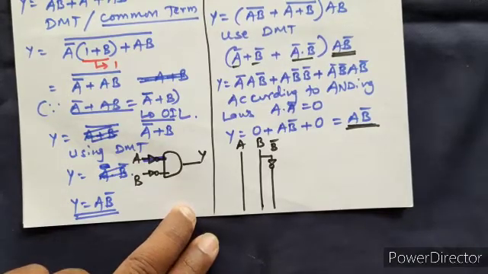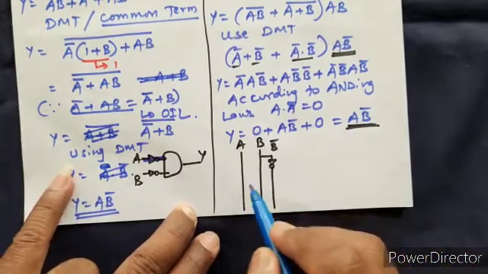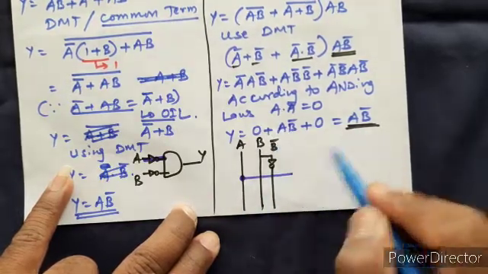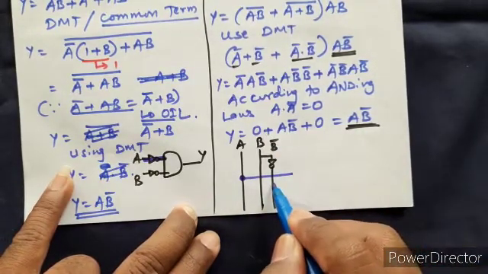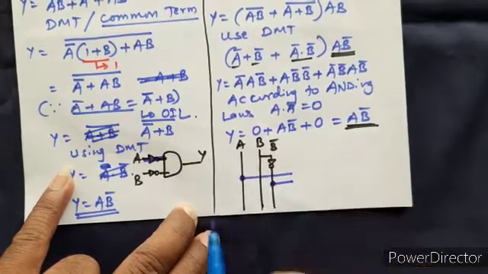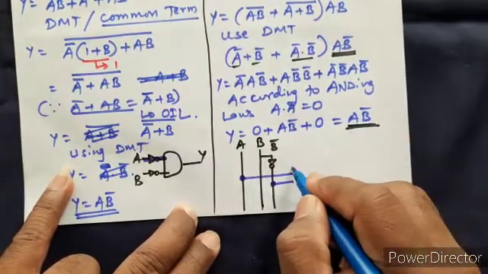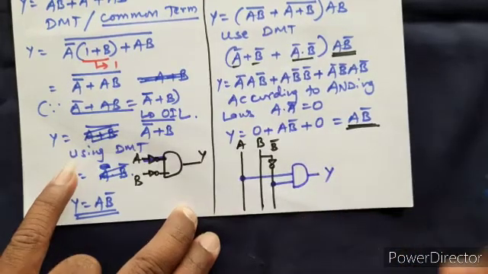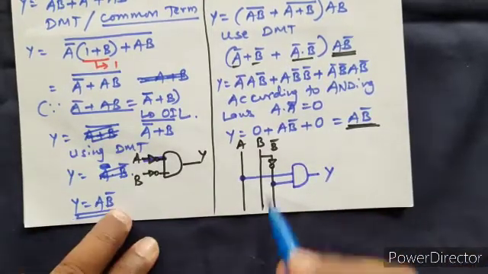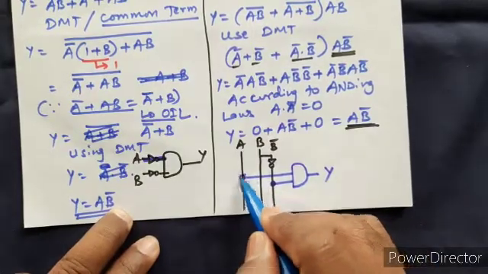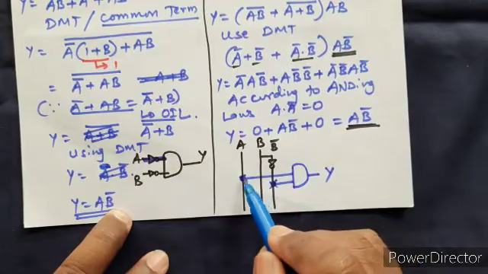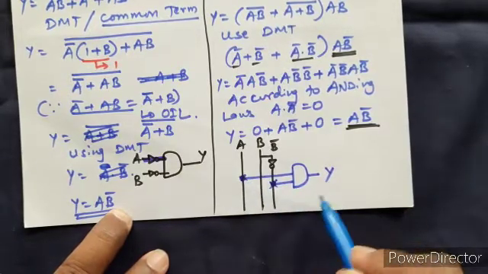Okay, so I have this A, so I'll take one input from this A and another input is B bar, so I'll take from this B bar. And which gate is used here? AND gate, right? So this is Y, right? So here you have to either dark this or simply use this cross sign, just so as to understand that we have picked this input line.